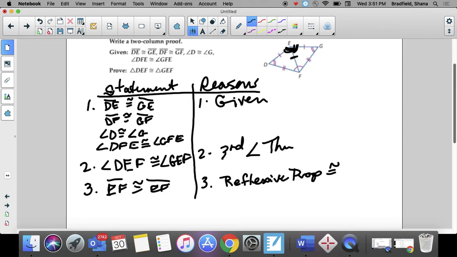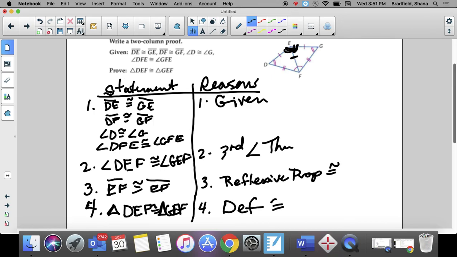Now I know that all of my corresponding parts are congruent. And so I know that the triangles are congruent. And that's because all of the corresponding parts are congruent. And that's the definition of congruent triangles.